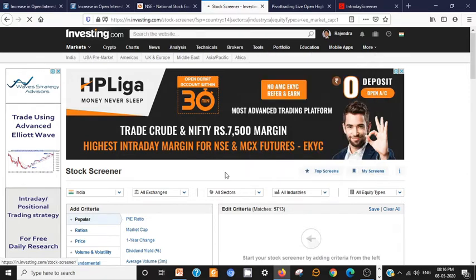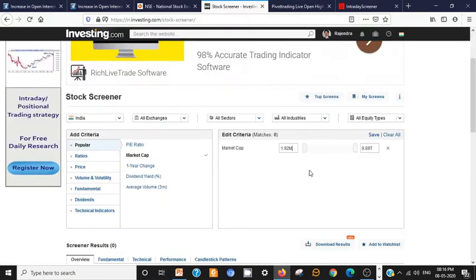You have to go to the tools and select the stock screener. Here you have to go to popular and select the market cap. Go for a market cap of 1 billion.